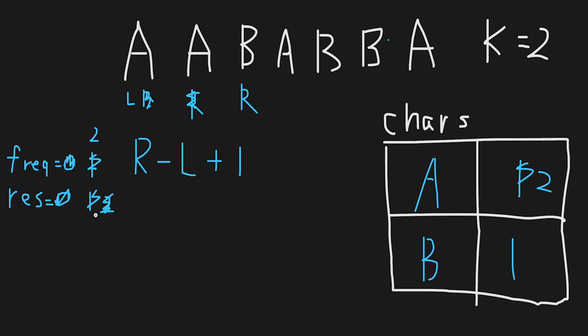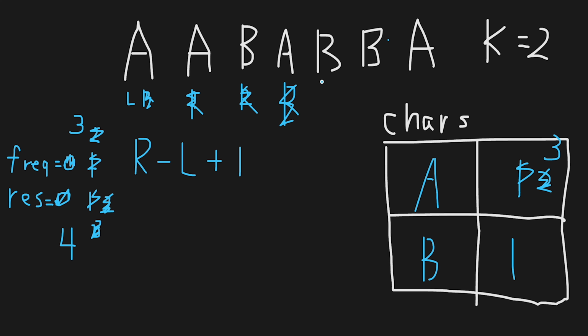That's why the result variable should be 3. And then move next. Now we find A, so add A to the hash, and the most frequent count is also 3. Again, if I change this B to A, we get 4 A's. So the result variable should be 4.